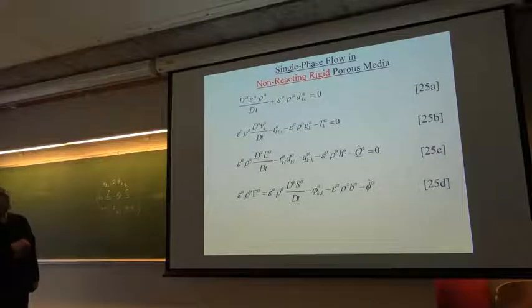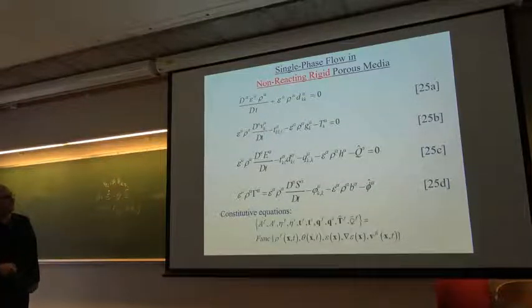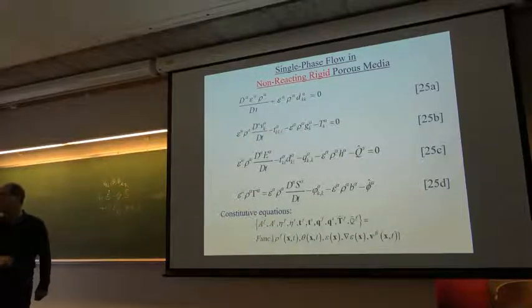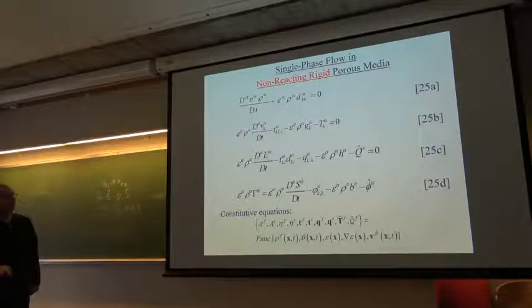So if I now go to non-reactive rigid porous media, these are my, again, balance laws, and the constitutive equations are given here. So all these are functions of rho, temperature, rho of the fluid, temperature. Note, I don't have the motion of solid here anymore because it's rigid, non-reactive.